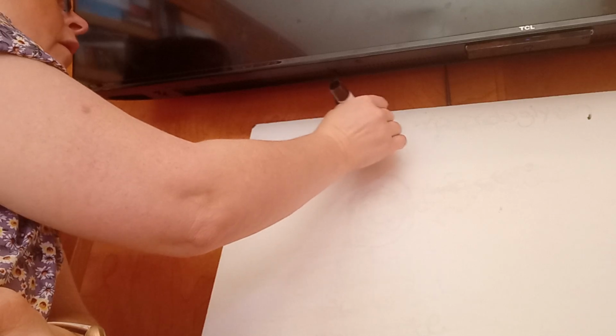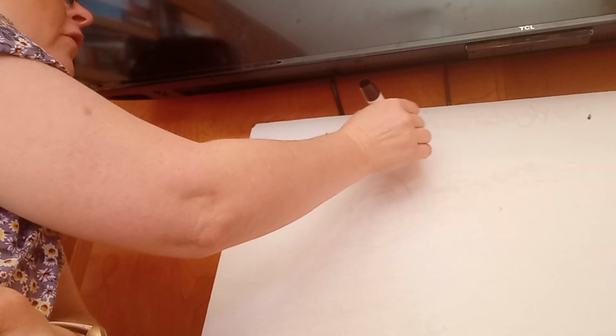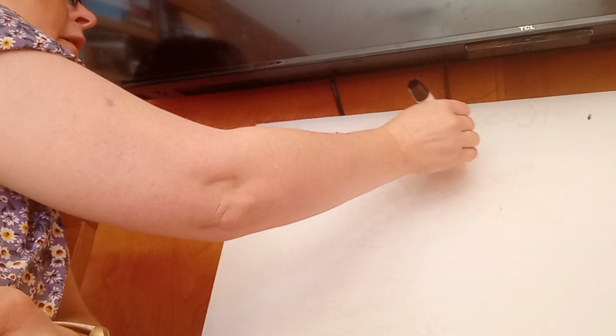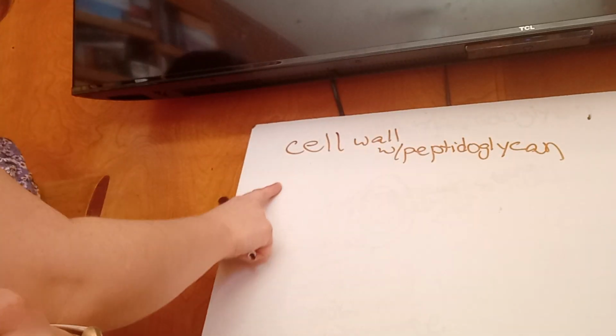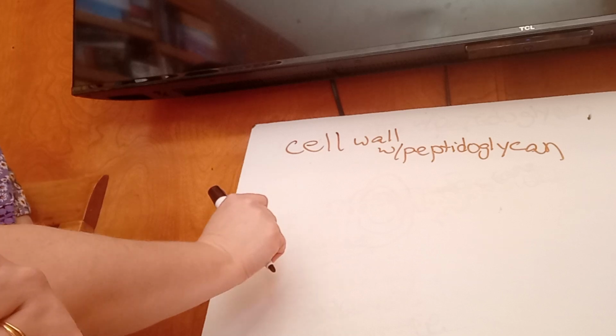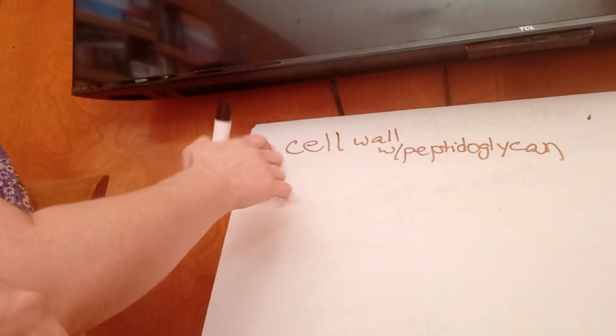Okay, it has a cell wall with the peptidoglycan. Remember we said that archaeobacteria did not have that. This cell wall provides some protection.